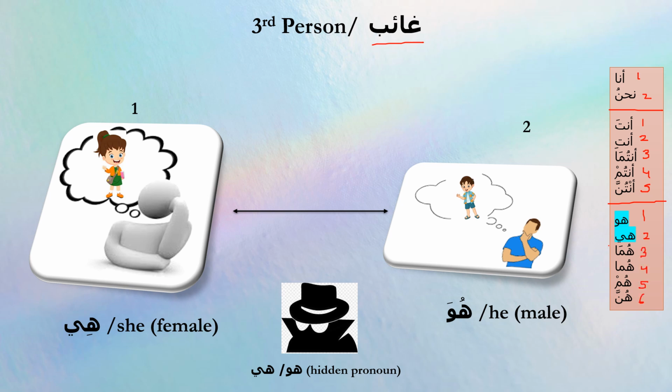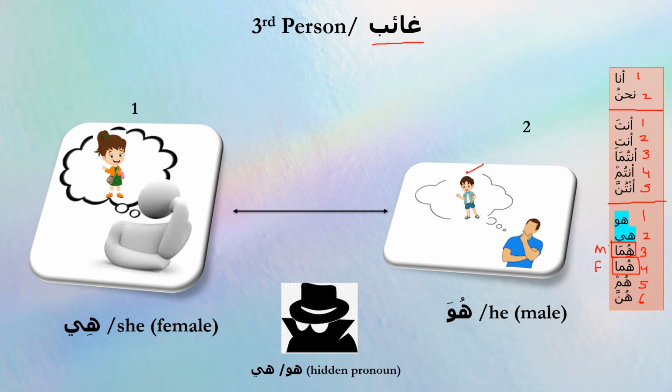Why six? Because there is another huma, and this huma is used separately for males and separately for females. So now we are doing huwa and hiya in this slide. Huwa is used when you are talking about a male person, but he is not present in front of you.